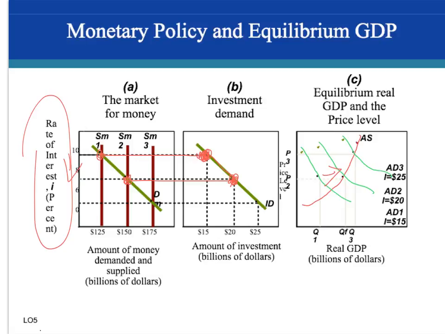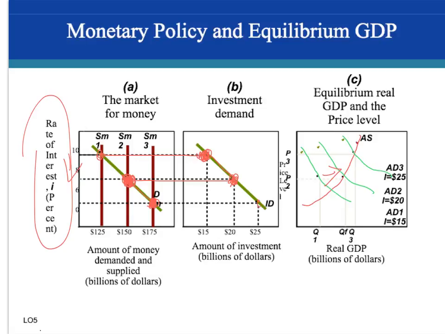So in this case, the Fed's going to want to decrease the money supply by selling securities, and that way interest rates will rise. So what we see is we're at a 6% interest rate over here. Money supply shifts to the left. Interest rates rise to 8%.